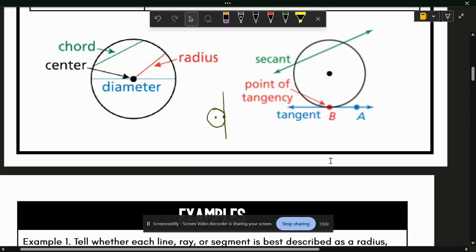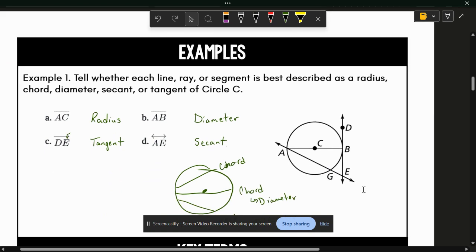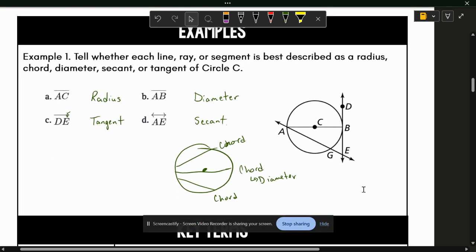We'll talk a little bit more about the tangent compared to the other ones, because that is what we need to know the most. In this first example that we went over in class, we talked about just naming things. We named AC. I'm just going to go over these in red. It went from an endpoint to the center, so that was a radius.